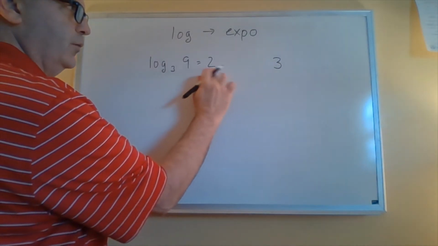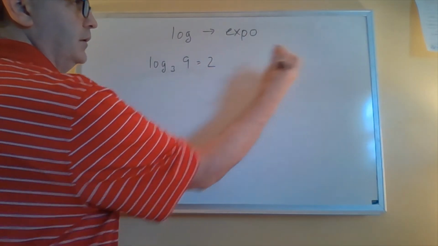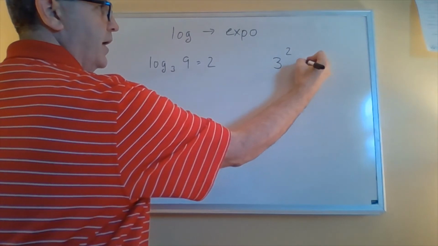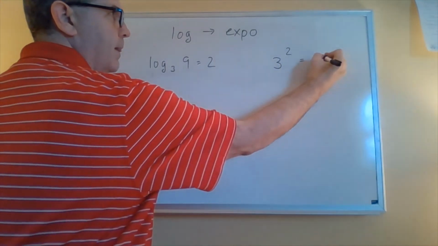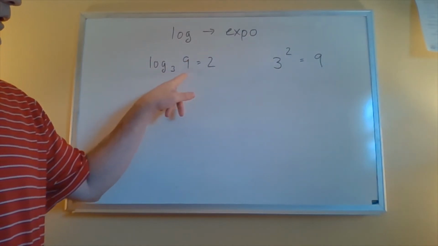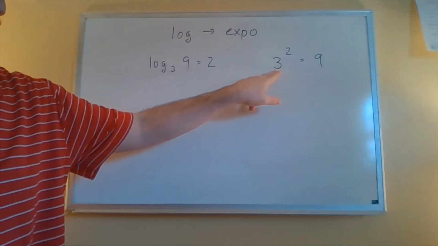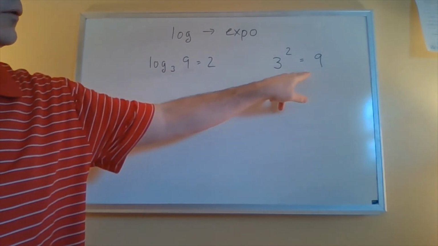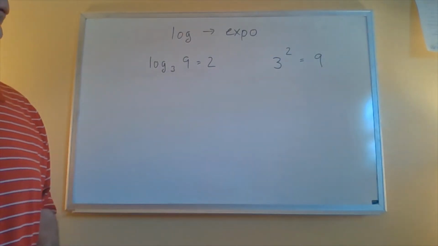Where's our exponent? That's what our log equals, and that's going to equal this constant here. So our base is 3. What do we raise that to, to equal 9? We're going to raise that to the exponent of 2.